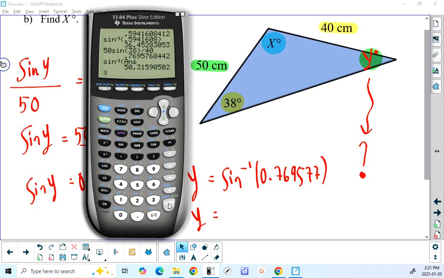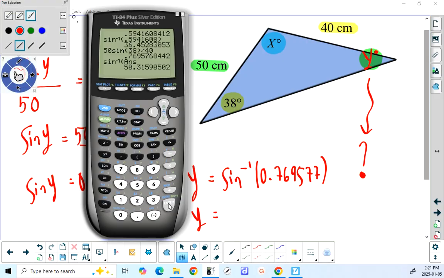And I'm getting about 50 degrees. We'll say 50.316. Because we're not done. This isn't our final answer. We still have to find that top angle in a second. So I'm going to carry more decimals here. 50.316.